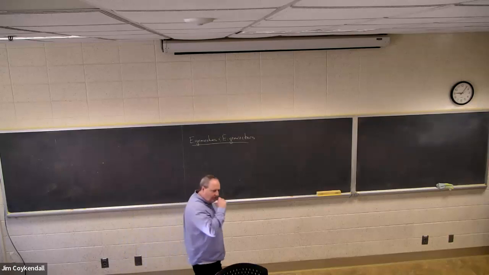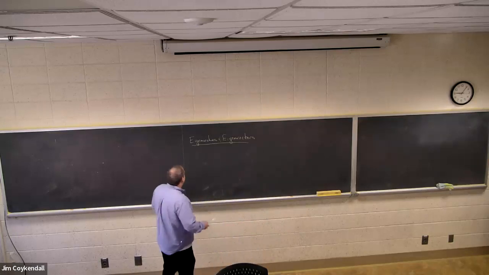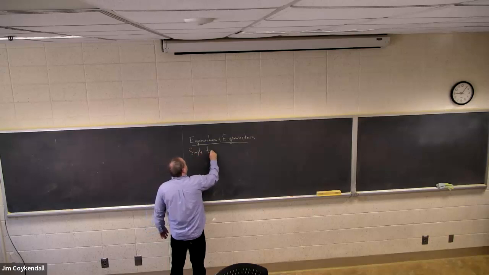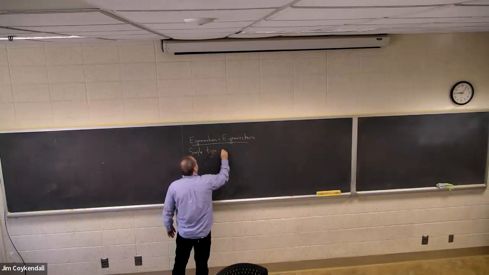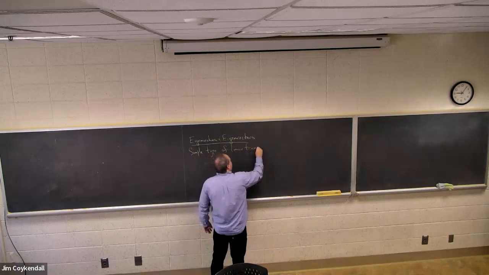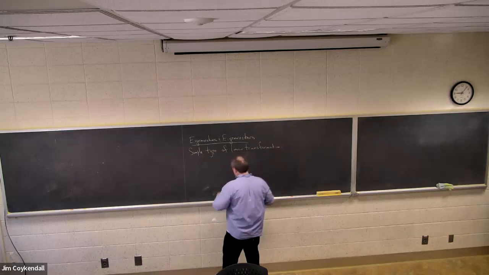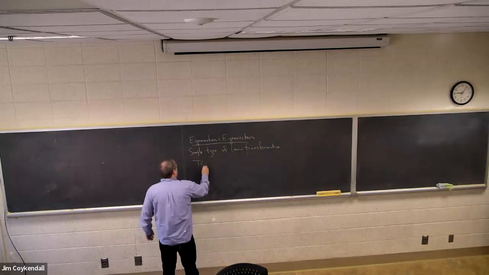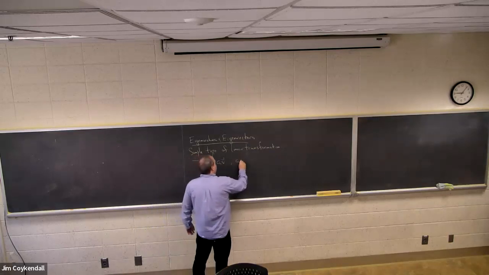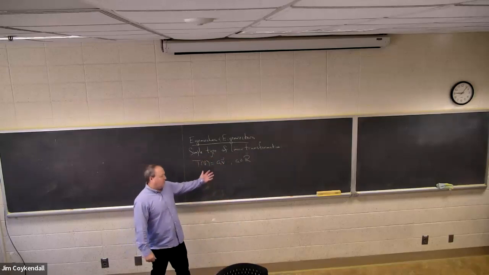What are the simplest types of linear transformations? Take every vector and multiply by some number.